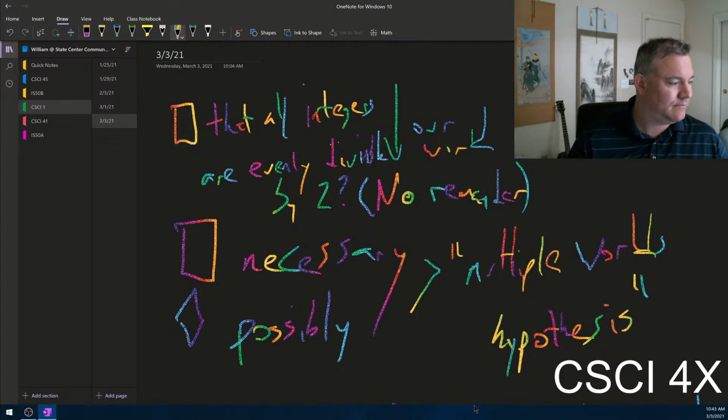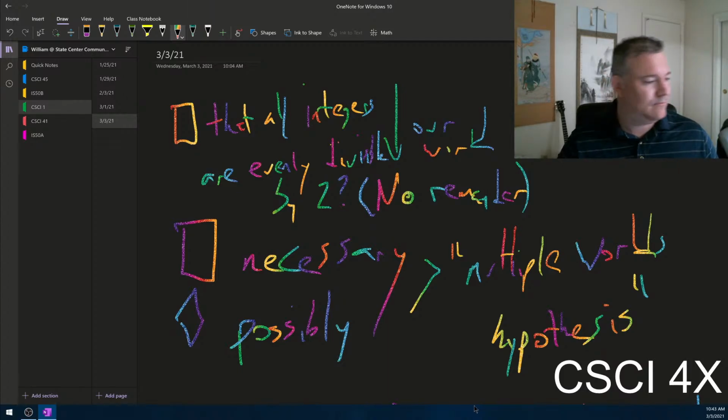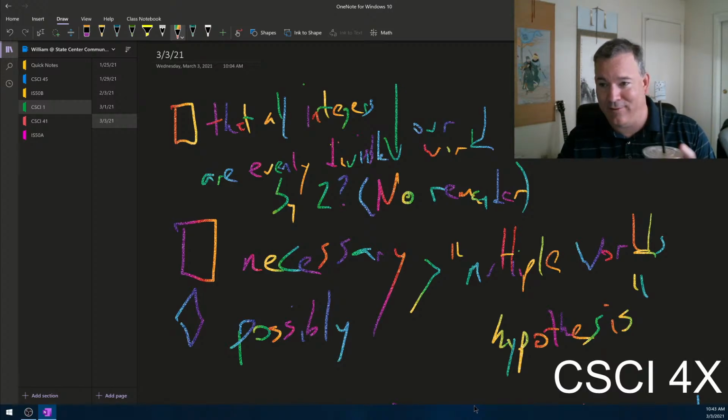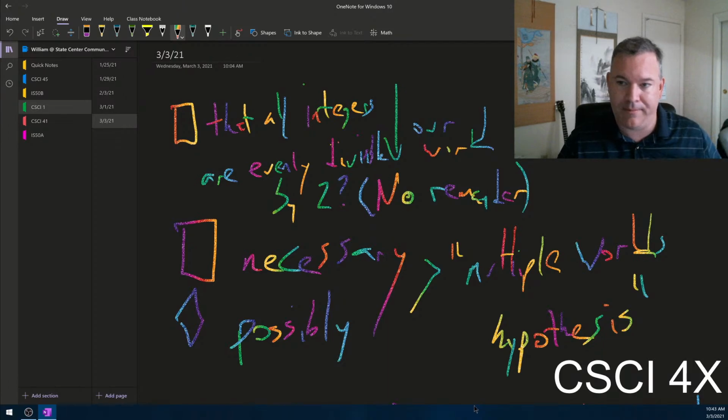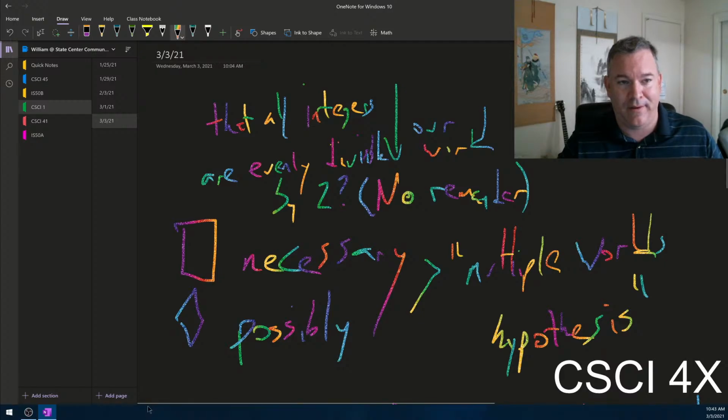What do you guys think? Are all integers even? That's another way of putting it. And so you can see that there's a relationship between necessary and for all, right? But it's not exactly the same thing. This is false. It is not necessarily true, right? And to prove this to be the case, you just be like, here's the number 3. 3 is not evenly divisible by 2. Okay.